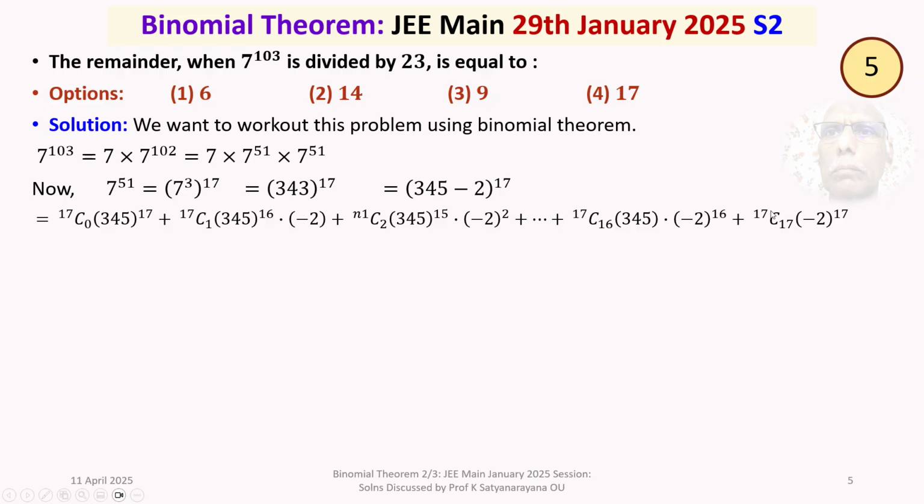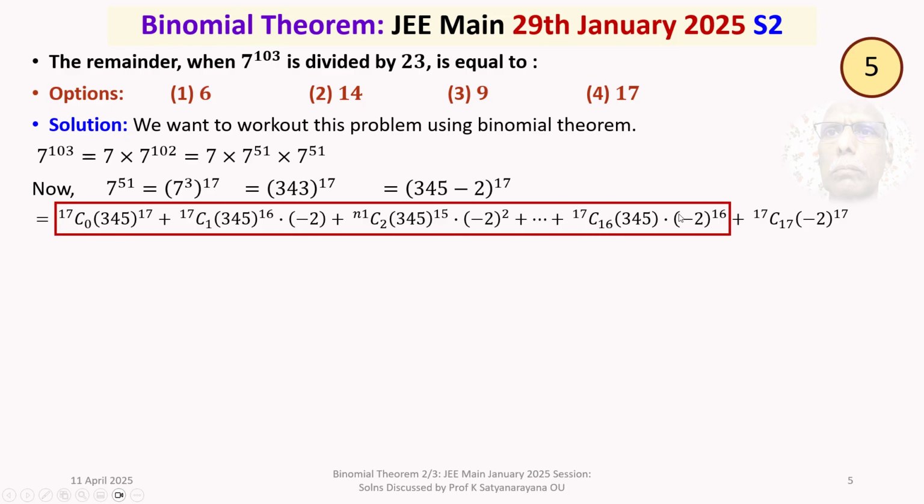plus 17C17 into minus 2 to the power of 17. Now look here, all the terms except the last term are multiples of 345. Therefore, we write M345, which denotes some multiple of 345, plus the last term, minus 2 to the power of 17.